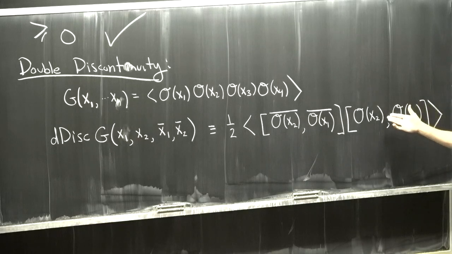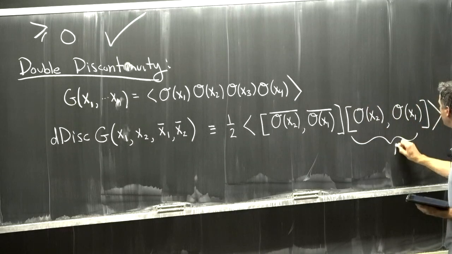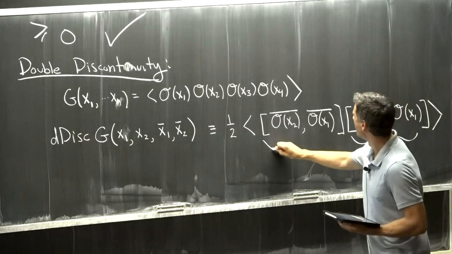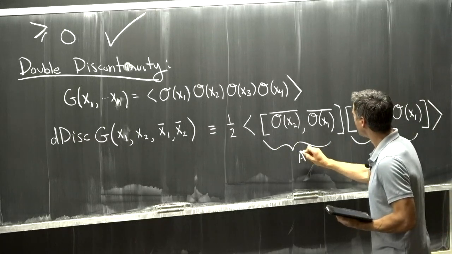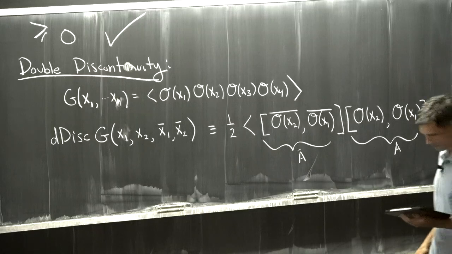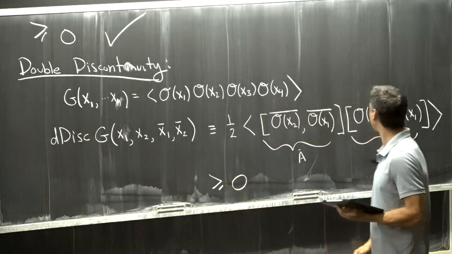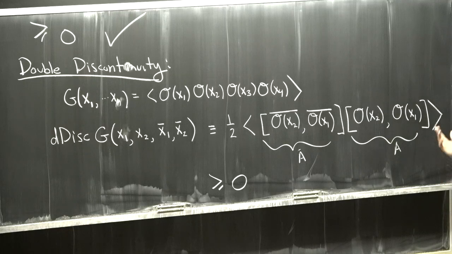So this operator on the right we can think of as our operator A, and then this commutator is our operator A bar on the left Rindler wedge. So this is just a special case of what we've been discussing, and therefore this is positive. It's important how these things are ordered.